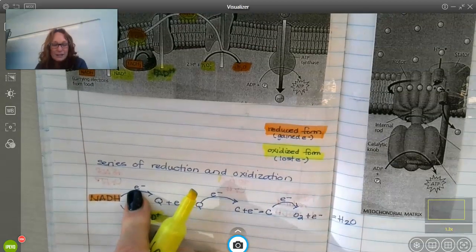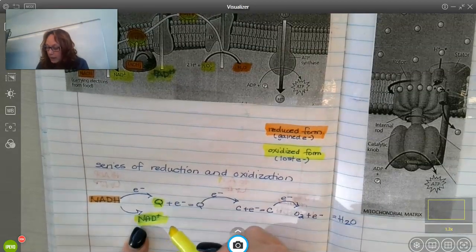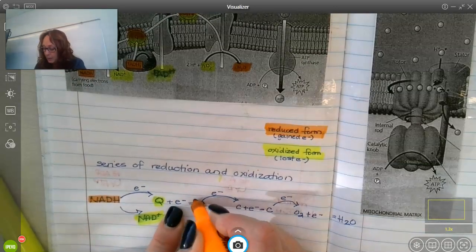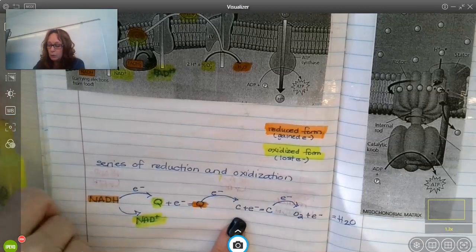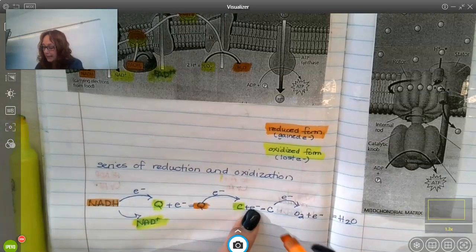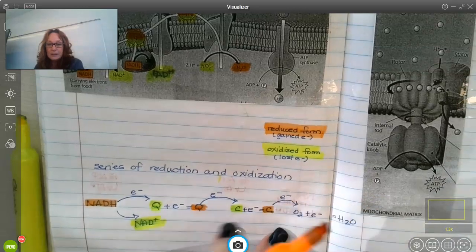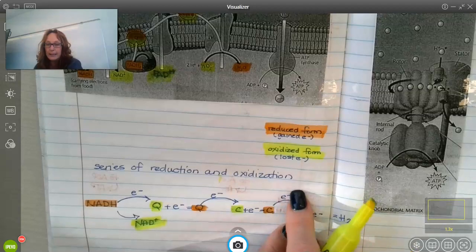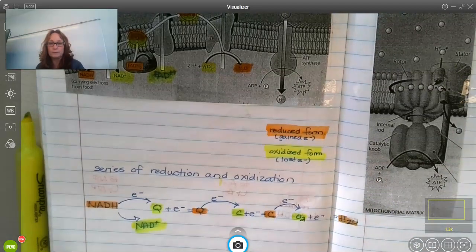Q, as it was before, originally had no electrons, gained them, and became reduced. Gave its electrons to C, which had no electrons, gained them, and became reduced. Gave its electrons to oxygen, which wasn't carrying any, gained them, and became water.